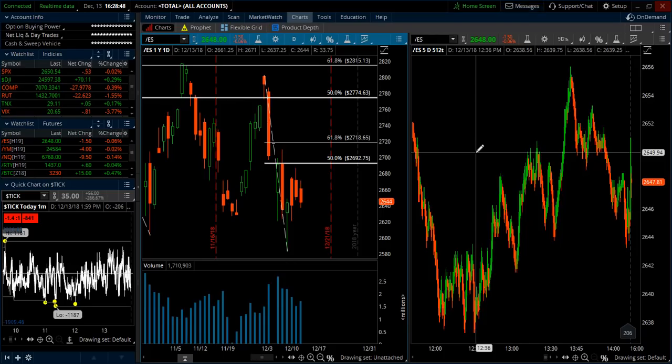Other times, it's just a matter of kind of putting together a roadmap that you can follow for the next year. I don't really like goals that are tied to dollar amounts when it comes to trading, such as, I want to be making $200 a day, or I want to grow my account from $5,000 to $10,000 by the end of the year.